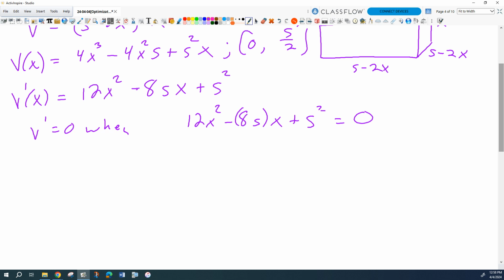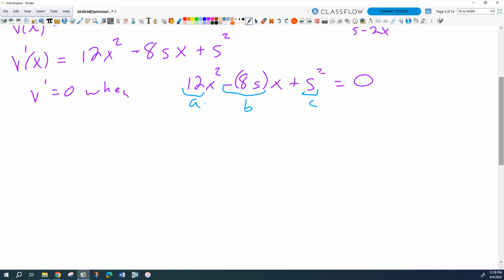Well, if I just solve that using the quadratic formula, this whole thing right here is a. That's the coefficient of x. That's b. And that's c, right, in the quadratic formula.